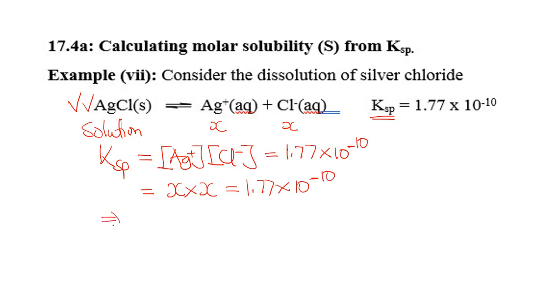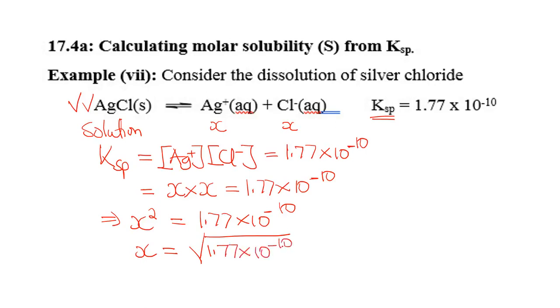This implies X squared is equal to 1.77 times 10 to the power negative 10. Therefore, X is equal to the square root of 1.77 times 10 to the power negative 10, which is 1.33 times 10 to the power negative 5 mole per liter.